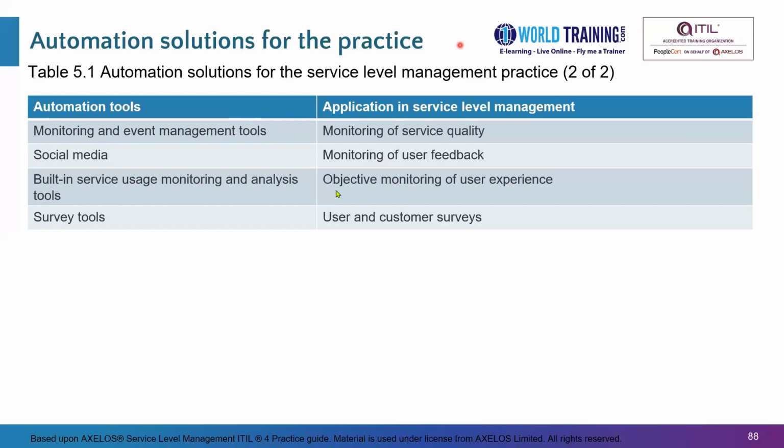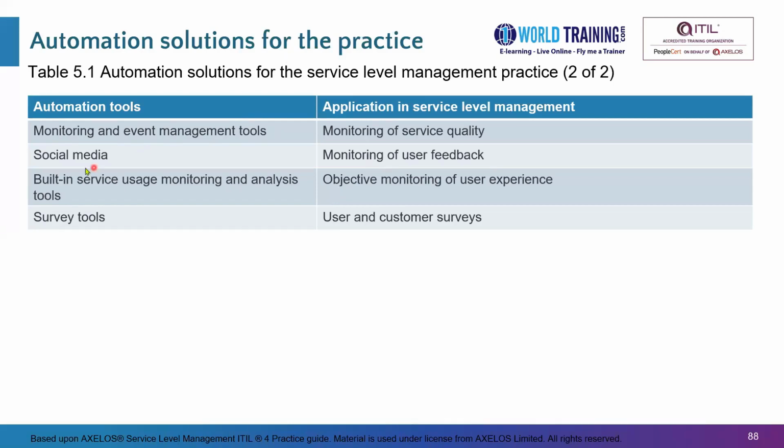Now, differentiate this from the other tool. We also see the other tool here, which is the built-in service usage monitoring and analysis, which is for objective monitoring of the user experience. This is a bit different. This is mainly for monitoring the user experience, not the monitoring of the performance of the various service components. So that's the difference between the two.